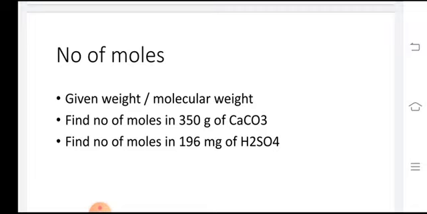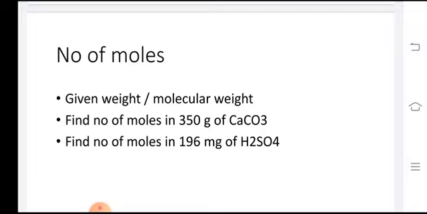10 to the power minus 3 millimoles, sorry. So again we have the molecular weight of H2SO4: 2 plus 32 plus 64 gives us 98.